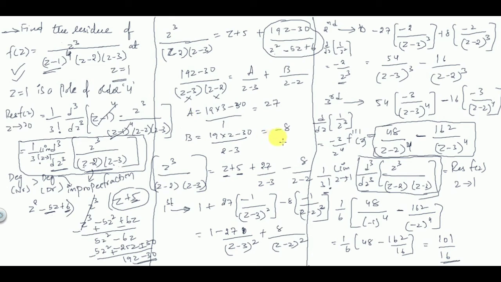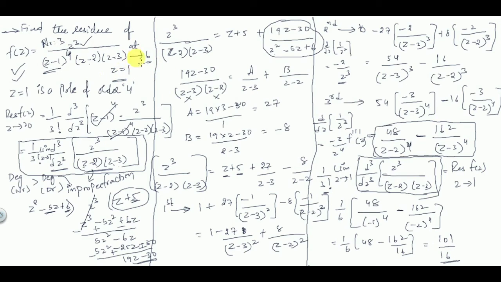It is a very long procedure, but you should be aware of this type also. If an improper fraction is given like this, where the numerator power is 3 but the denominator power is 4 plus 1, 5 plus 1, 6, so numerator power is 6, denominator power is 6.